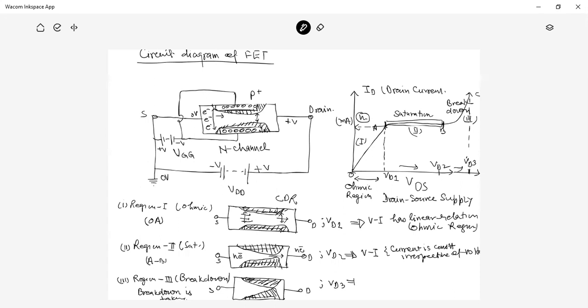But in the case of this VI, this is basically a reverse bias, and breakdown is taking place.